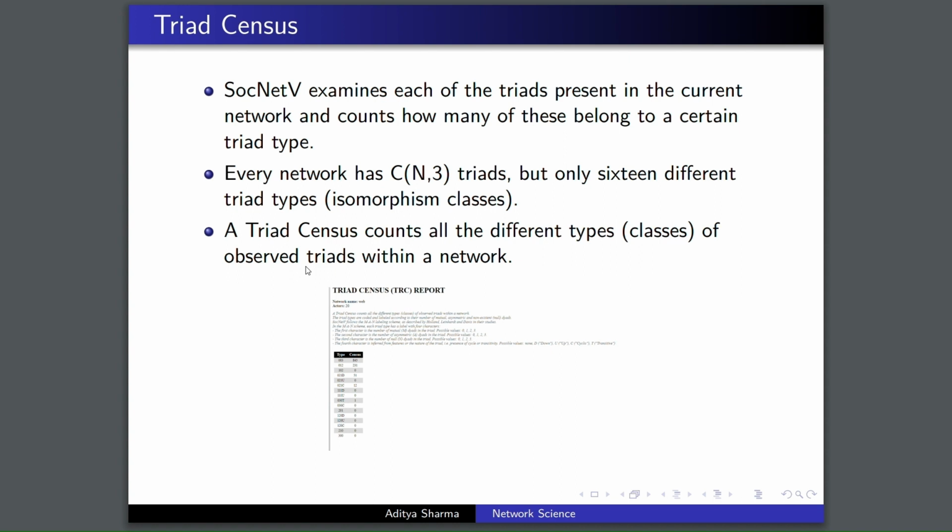That is, if we pick any three nodes from a network, then the triad formed by them will always be in one of these 16 isomorphic classes. The triad census reveals the count and distribution of each type of triad present within the network.